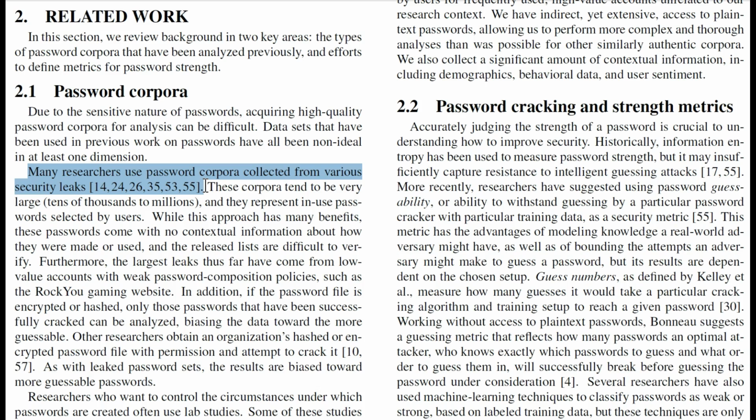So they use corpora collected from various security leaks. These corpora tend to be large, so we're explaining a little bit more about this body of research, and then we move into gaps. While this approach has many benefits, they come with no contextual information. The lists are difficult to verify, and they have come from low value passwords.